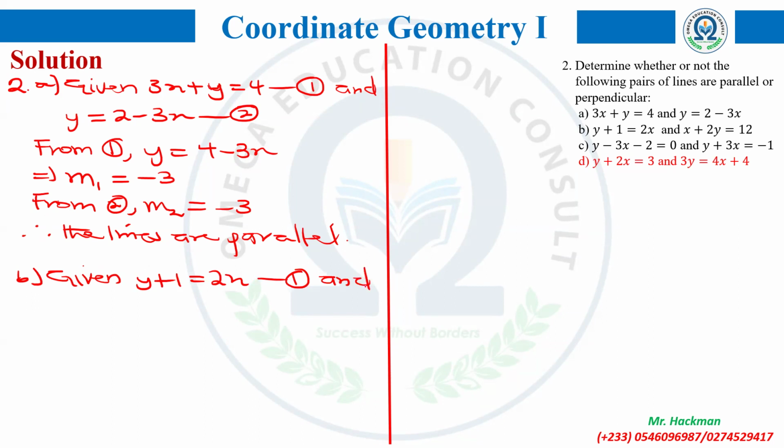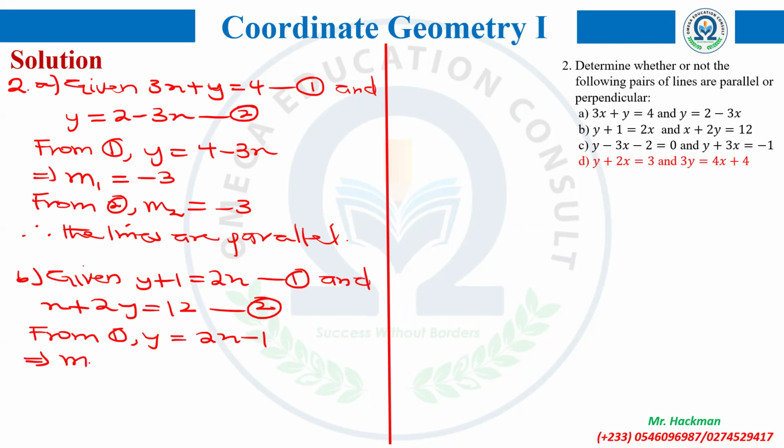And my second equation is x plus 2y is equal to 12, equation 2. So now again from equation 1, y is not already made the subject, so we will make y the subject. So y will be equal to 2x minus 1. This implies that m sub 1 is equal to 2.